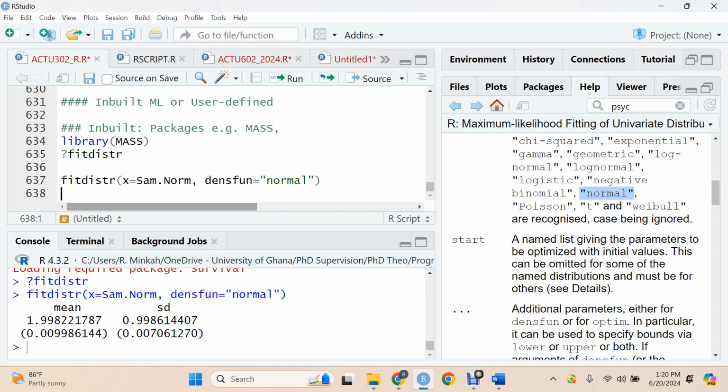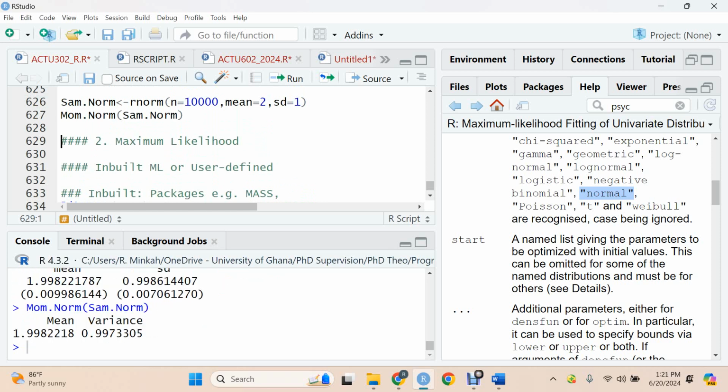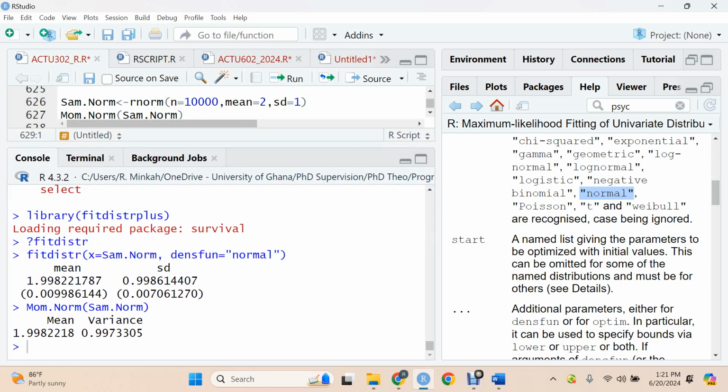So the mean is 1.998. Do you remember what we did for the moment? So here, you see there's a slight difference. The mean is almost the same, right? Okay, but there is a slight difference between the variances.